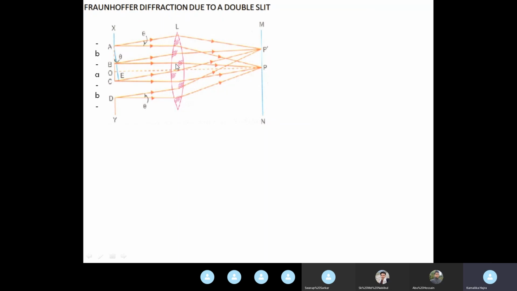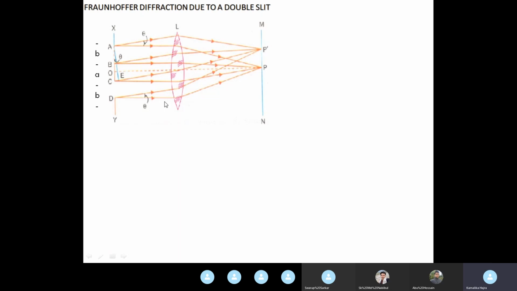So you can see that there is one beam of rays which are coming out straight from the slits, and so they go and meet at the point P over here, and there is another set that are diffracted at an angle theta with the horizontal, and they go and meet at another point P prime.